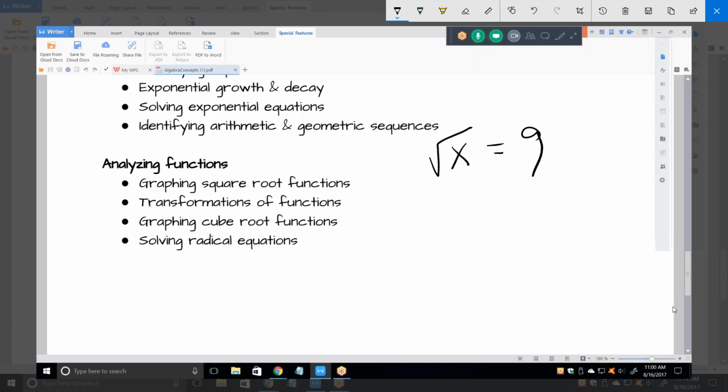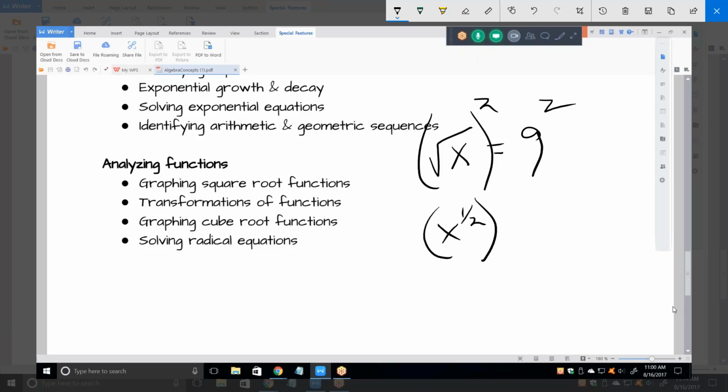81. Correct. And how did you do it? 9 times 9. Well, you squared both sides. Yeah. Always remember in algebra that you can do anything you want to one side as long as you do it to both sides. Okay? And when I square the square root of x, notice that I can write the square root of x as x to the 1/2.